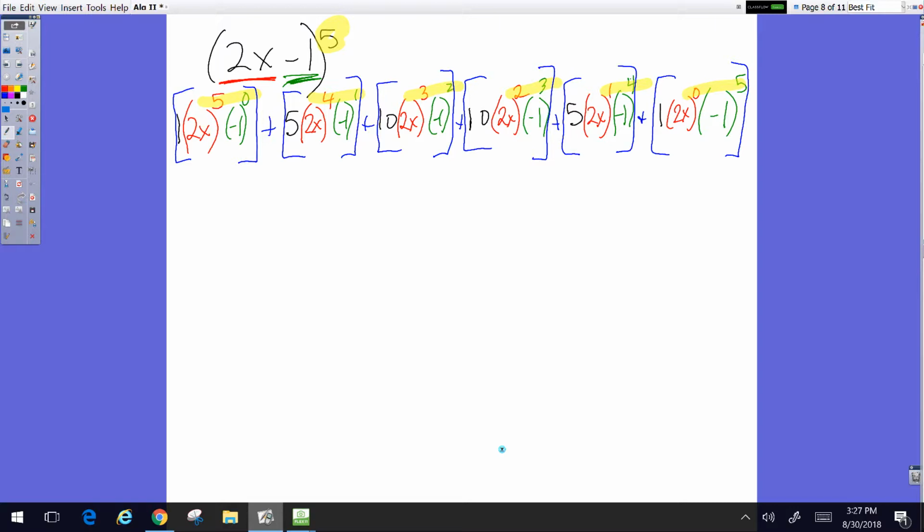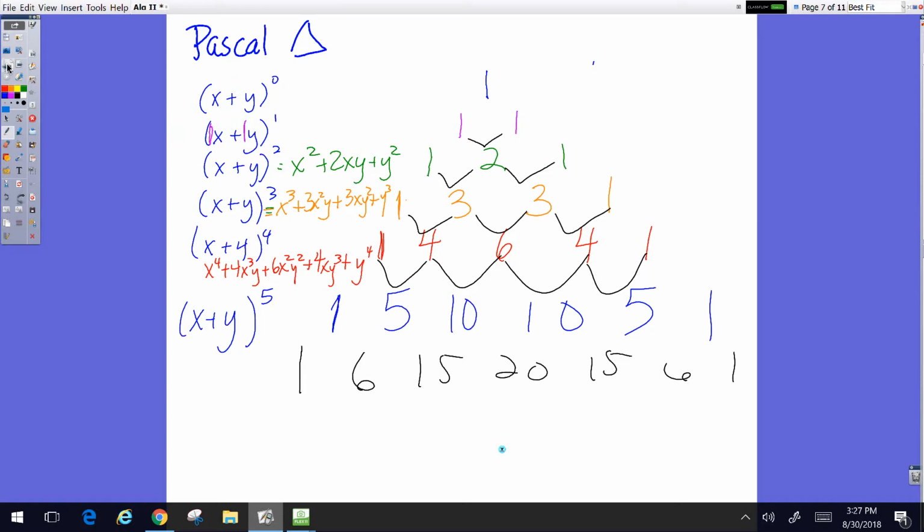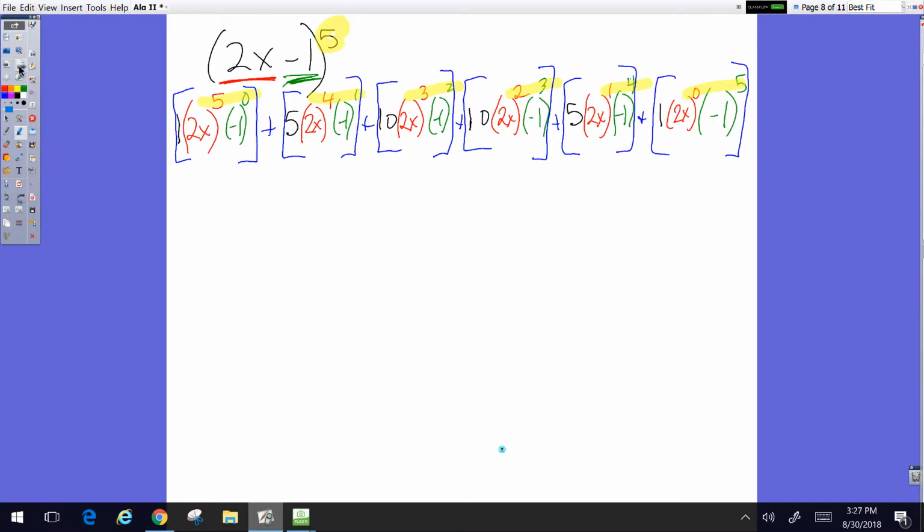Because it's the 5th expansion, because it's a 5th power, we're going to start with the 5th expansion. And the way we know that is just by looking at the second number. The second number is the expansion. So that's the 5th expansion, that row. Good question. So that's how we knew to use that row of Pascal's triangle.